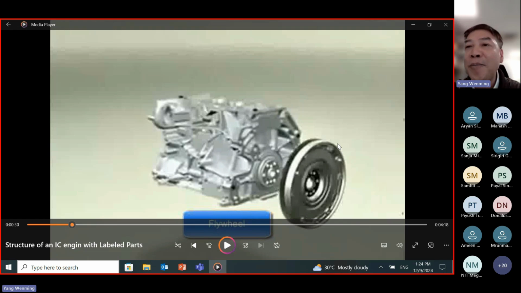If this engine is directly connected to a car, the car's moving speed will fluctuate, sometimes very fast, sometimes very slow, with acceleration and deceleration. So the flywheel can maintain a constant rotation speed. So we have two functions.